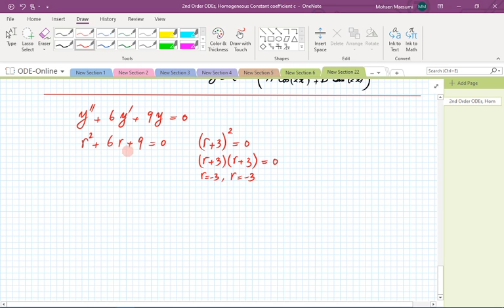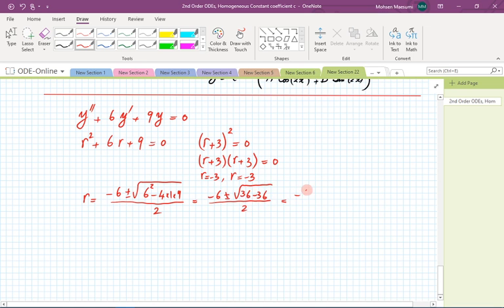So if you wanted to apply the quadratic formula, what would have happened? You would have said minus 6 plus or minus the square root of 6 squared minus 4 times 1 times 9, divided by 2. Well, here's the issue. This becomes 36 minus 36.